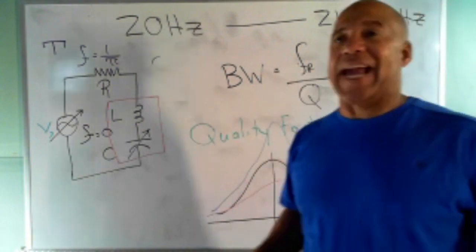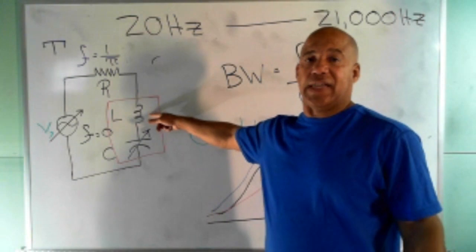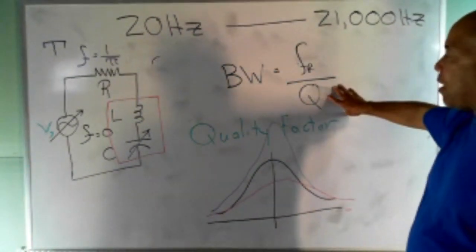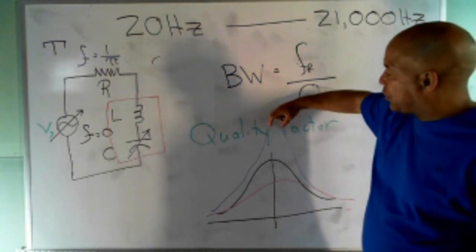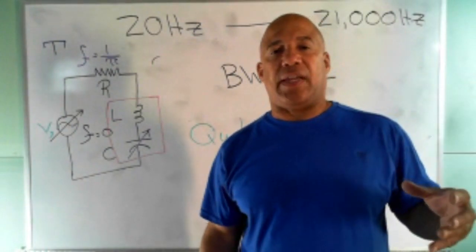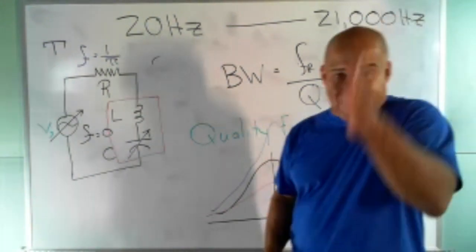Now, the way you change the Q is determined by the coil. I'll give you that in just a second. But what I want you to remember is that this Q quality factor determines how skinny or sharp the curve is. The correct word is selective, how selective the circuit is. The higher the Q, the more narrow the bandwidth, the more selective.